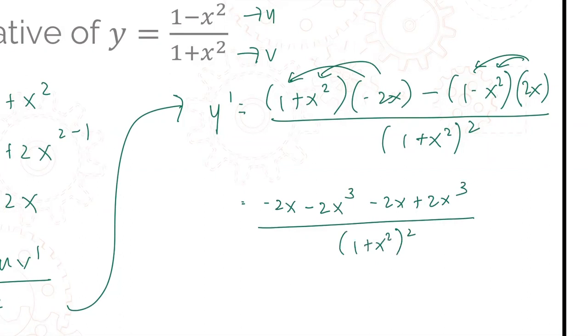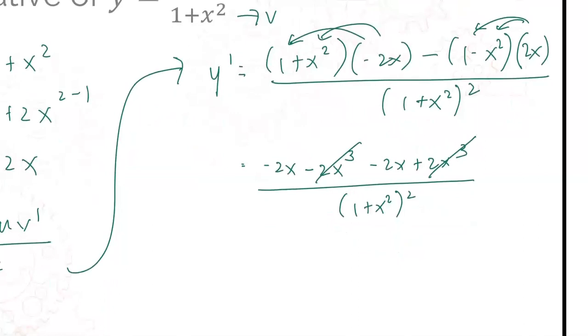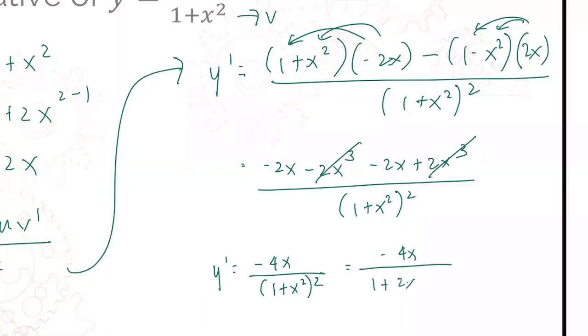Then, yung numerator, papansin nyo, pwede natin cancel out to. Then, pwede natin combine yung like terms sa taas. So, negative 4x all over 1 plus x squared. So, pwedeng ito na yung sagot natin or pwede natin i-expand yung denominator. We have negative 4x all over 1 plus 2x squared plus x to the fourth. Okay? So, yan yung final answer natin.